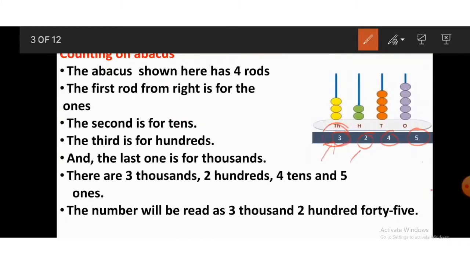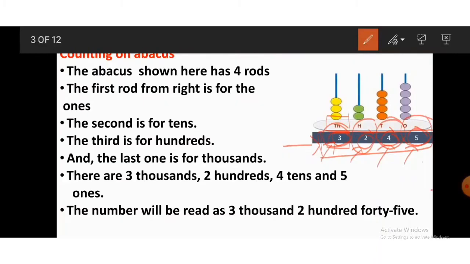3000. Of 2, 200. 4, 4 tens. 5, 5 ones. See, the place value of the digit depends on the place. Now what will we read this number as? 3245.